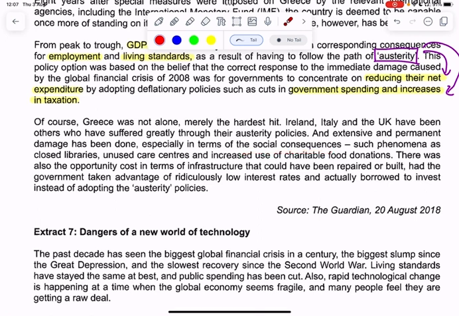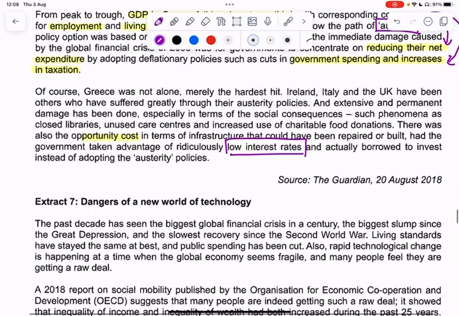Such phenomena like closed libraries, unused care centers, and increased use of charitable food donations. There is opportunity cost in terms of infrastructure that could have been repaired or rebuilt had the government taken advantage of the ridiculously low interest rates. So you see another keyword here, but you wouldn't really want to deal with it right now because you realize this is for another question. So I'll leave it be and I'll focus on part D.